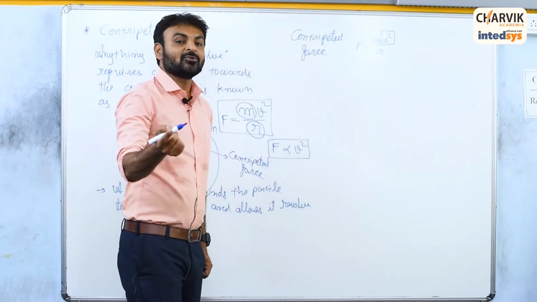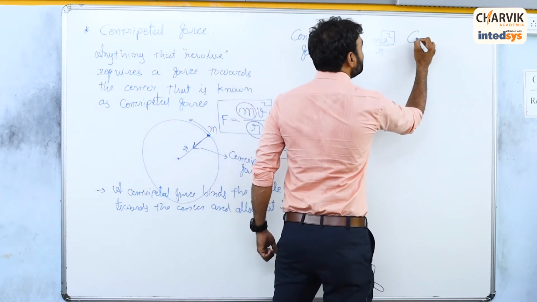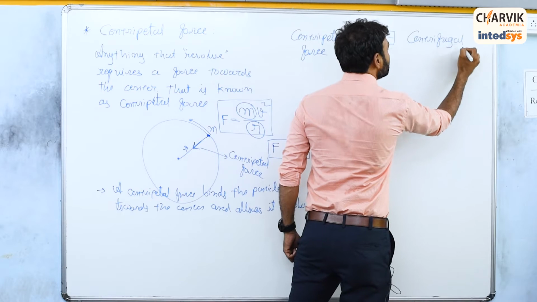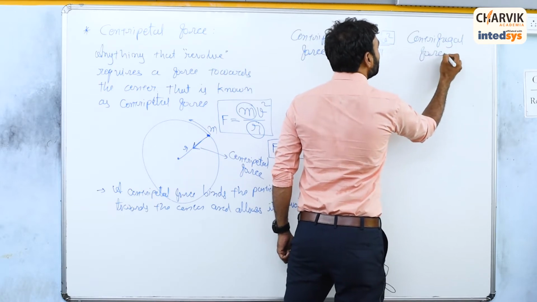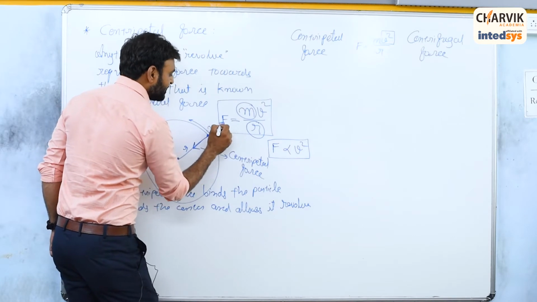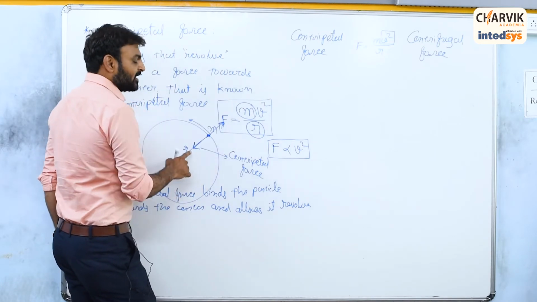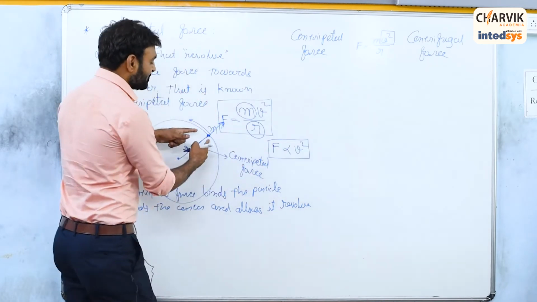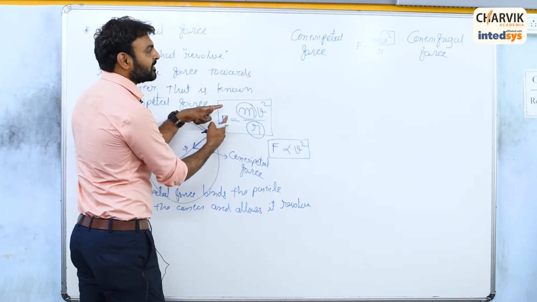There is another force that is known as centrifugal force. This centrifugal force acts radially outward. It throws you away from the circumference of the center. The force is acting radially outward, right?